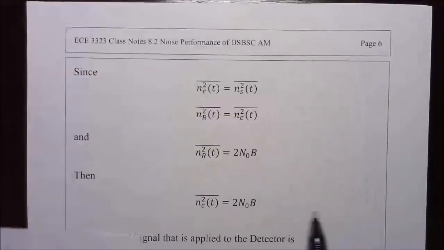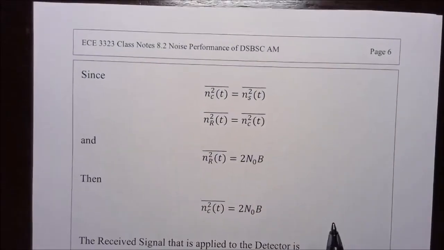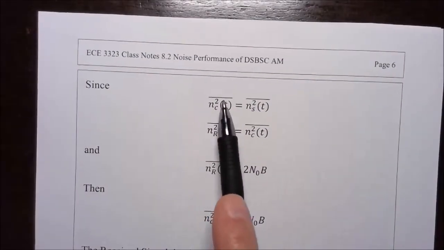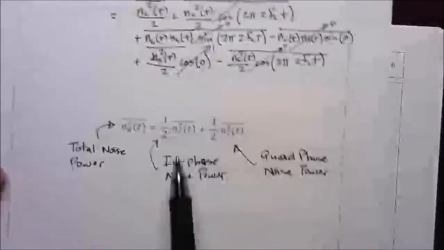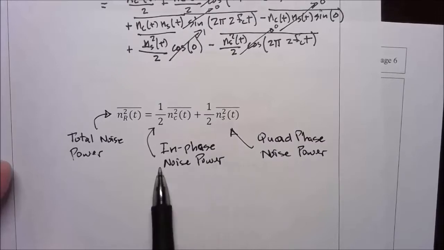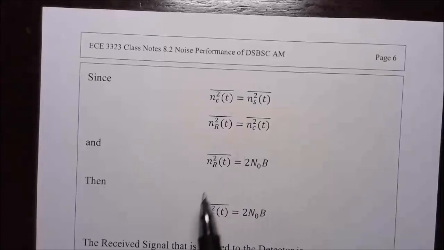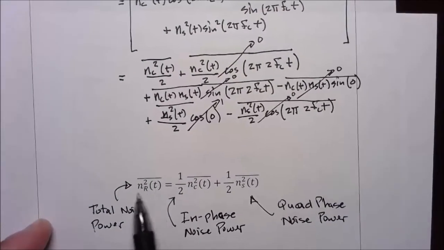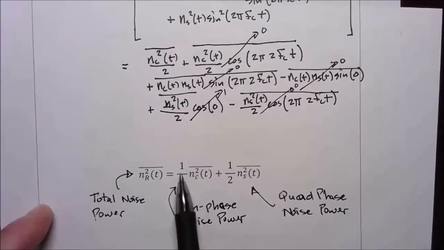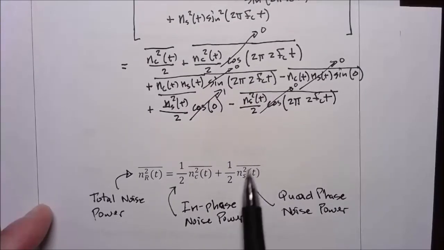And that these must be equal to each other, which means that NC squared time averaged is equal to NS squared time averaged. This is required because we are stipulating that these two power equations have to be equal to each other, which means that the total noise power is going to be equal to 1/2 NC squared time average plus 1/2 NC squared time averaged again.